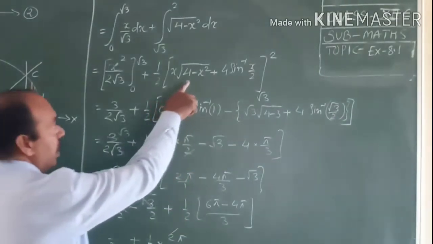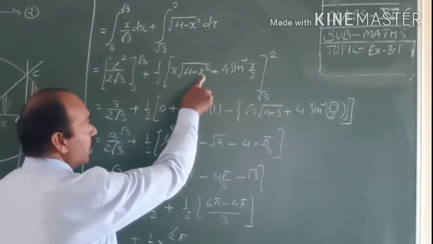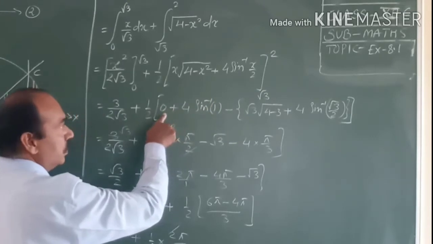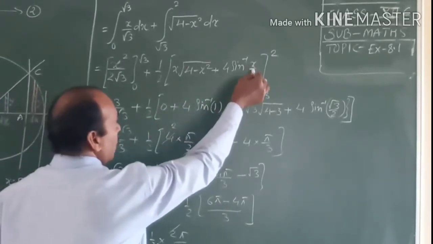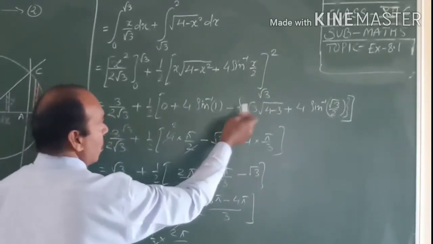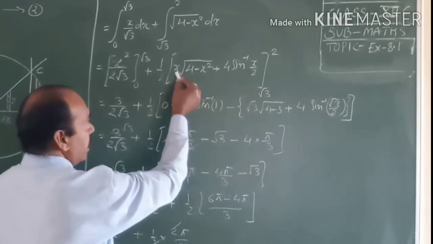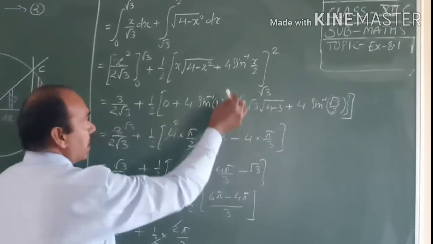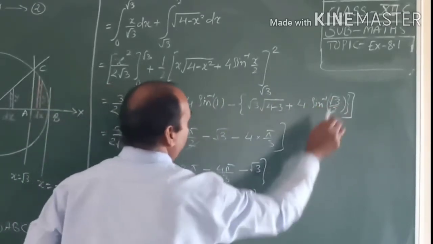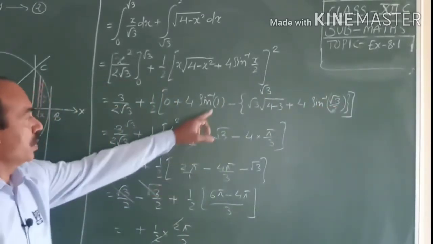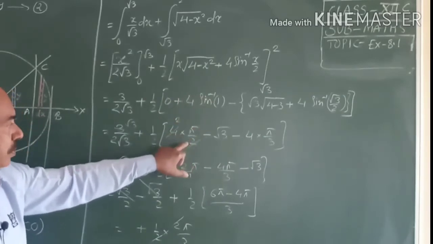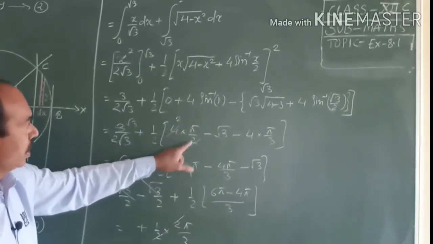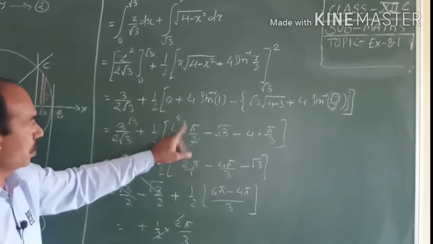Here for the upper limit, when you write 2, 2 square is 4, 4 minus 4 is 0, and 2 by 2 is 1, sin inverse 1, minus the lower limit root 3, so root 3 whole square means 3, so 4 minus 3, after that 4 sin inverse root 3 by 2. Sin inverse 1 is 90 degrees, which means pi by 2, so 4 and this 2 cancel out, only 2 pi remains.